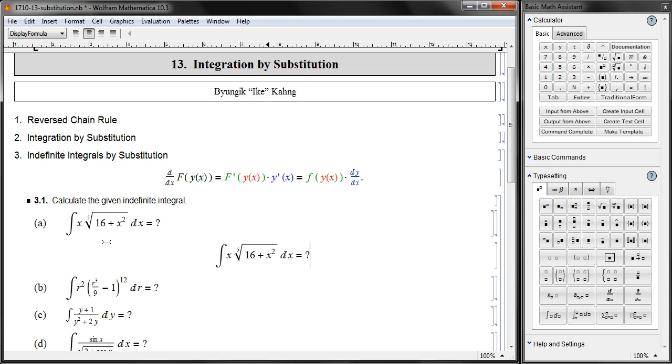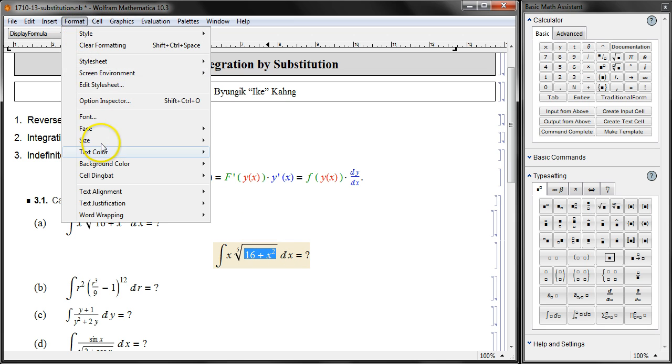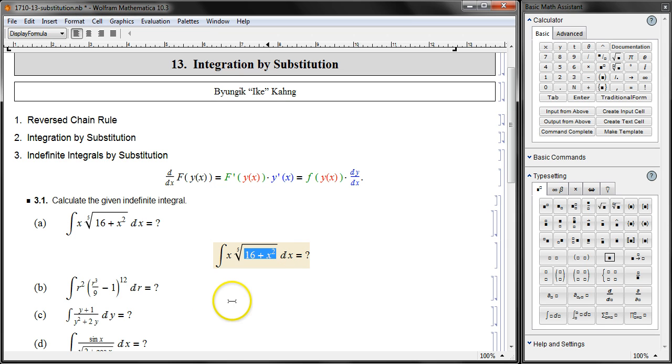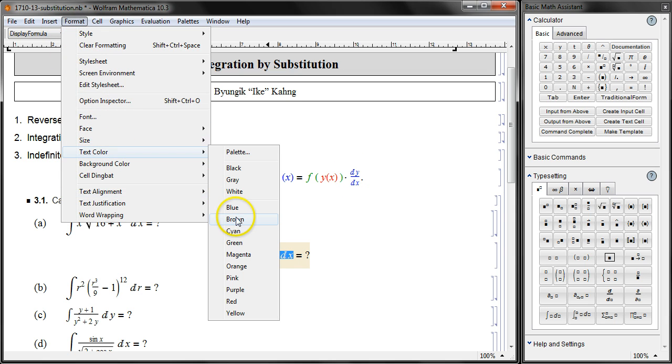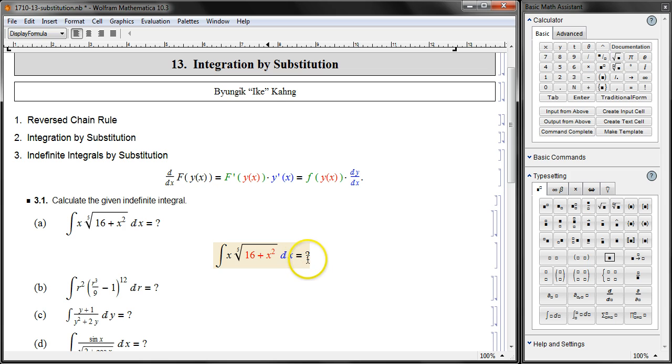Let's get ourselves ready. This is the inside of the composite function, so let's color code it red, just like here. And this dx part, as you can see, dy dx, that's the derivative part. Let's color code it blue. This color coding will really help.